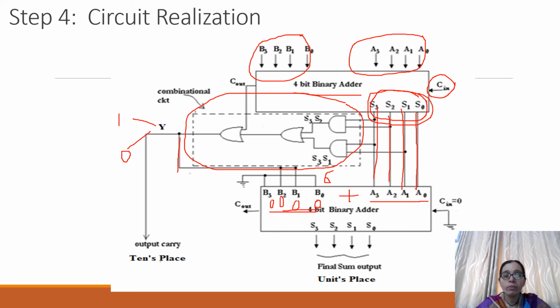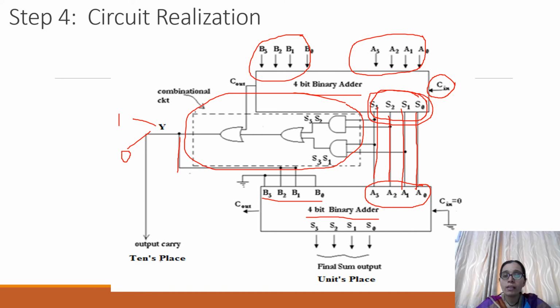This job will be done by the second adder IC, that is this 7483. The job of the second 7483 IC is to add 6 to the result obtained from the first IC, and Y will decide whether to add 6 or not.